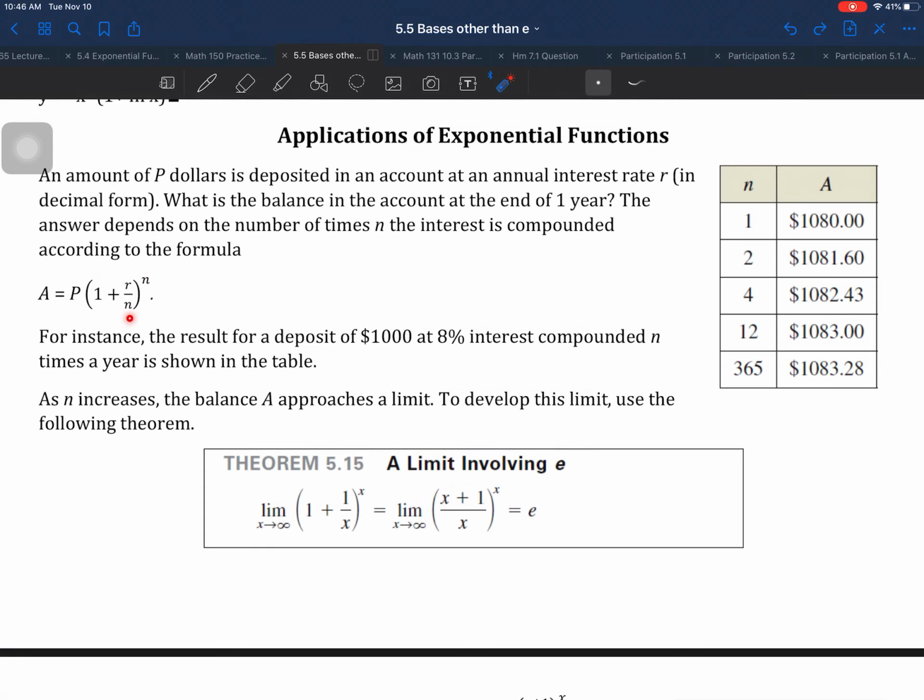So we're gonna let n be 1, 2, 4, 12. So this is compounded annually, semi-annually, quarterly, monthly, and daily. So we see how much money we're gonna have in the account at the end of the year when it's compounded yearly versus semi-annually versus quarterly versus monthly versus daily.